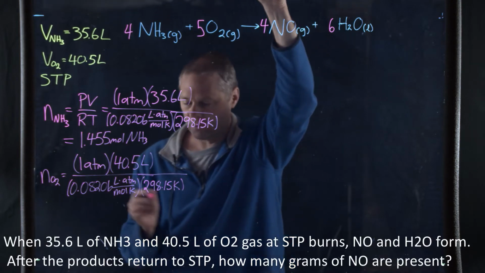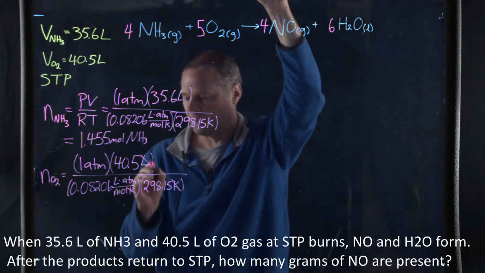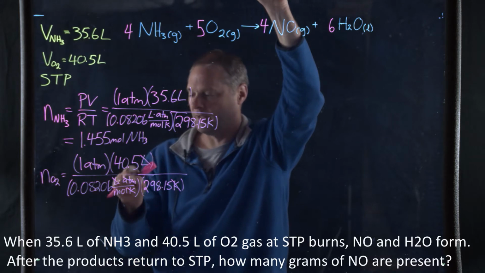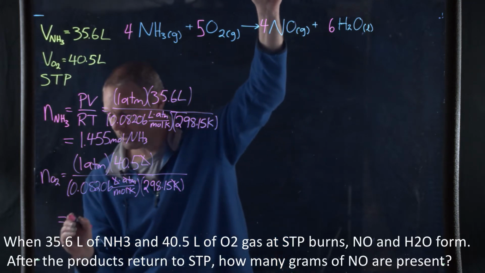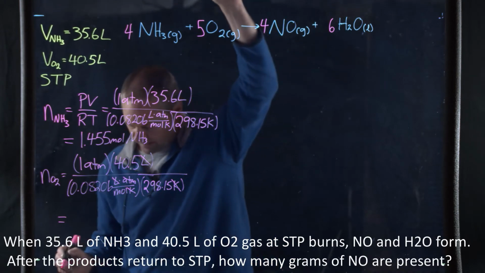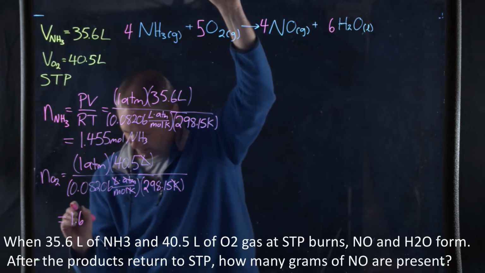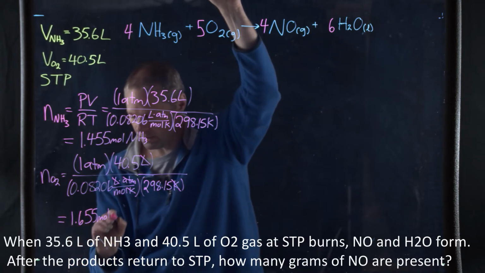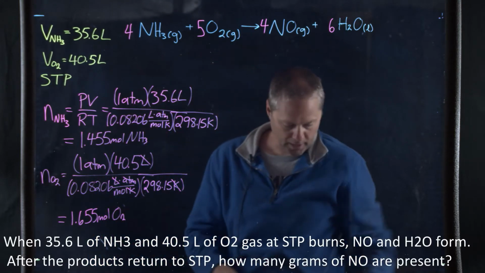I didn't go through the units carefully, but the Kelvins cancel with the Kelvins, the liters cancel with the liters, and the atmospheres cancel with the atmospheres. So we have 1 over an inverse, which is going to give us the units of moles. And so this is going to give us 1.655 moles of oxygen.